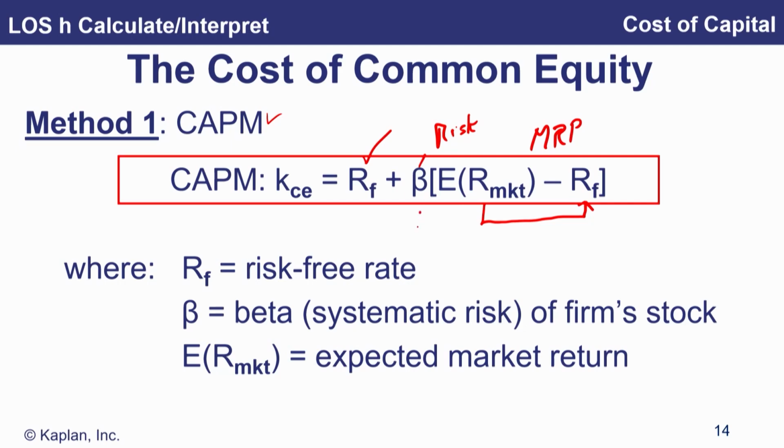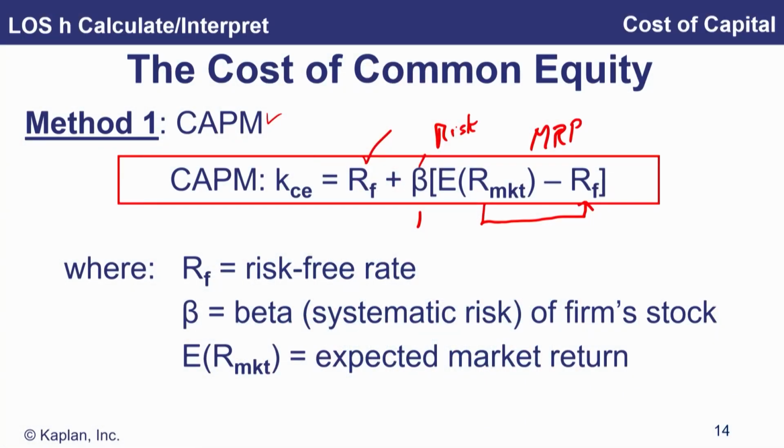So if beta is 1, that's how much extra return we expect to get for holding a well-diversified portfolio of stocks, rather than just holding treasury bills, the risk-free asset. So let me state it. Same thing, shorter.